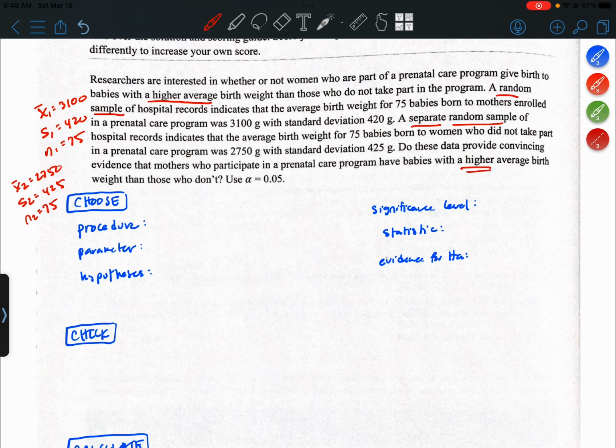So the name of the procedure is going to be a two sample t-test for mu1 minus mu2. We're interested in the difference of two population means. Our significance level is 5%. Our parameter, mu1 minus mu2, represents the true difference in mean birth weight.